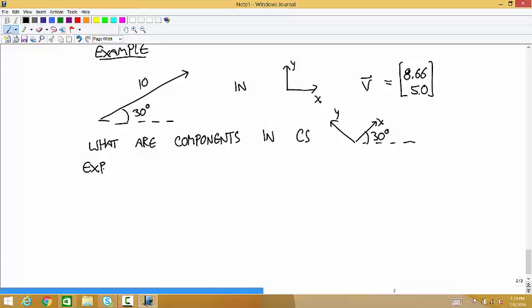So the components are just going to be 10, 0. You see that? So we expect this vector to have components 10, 0.